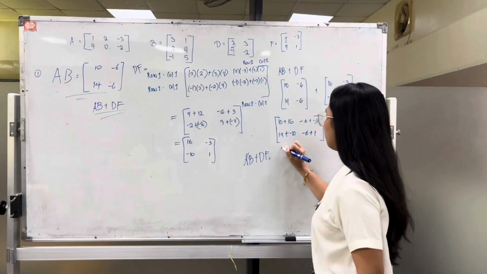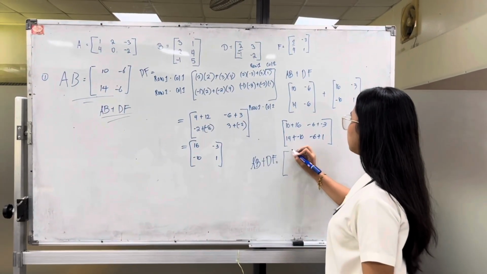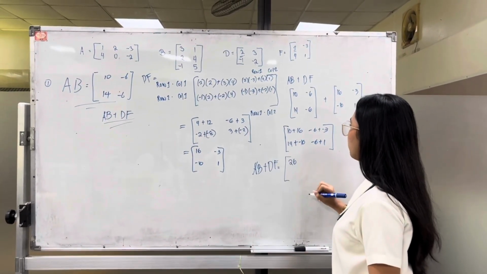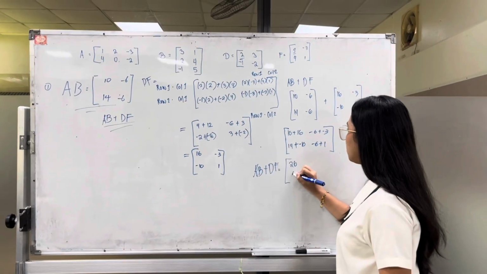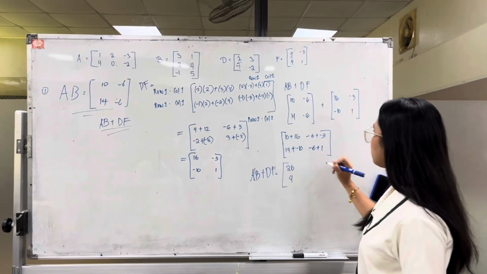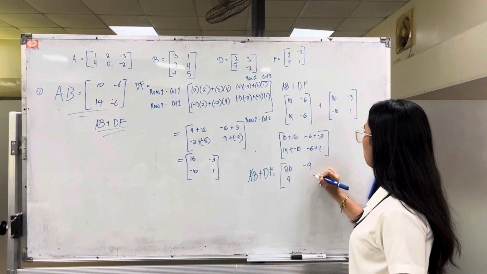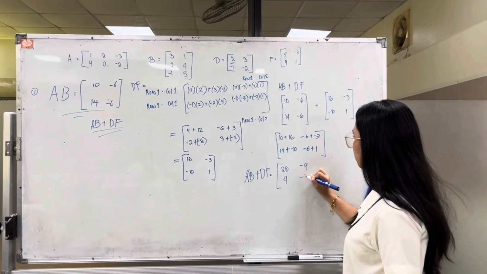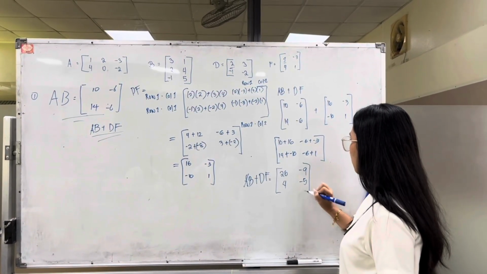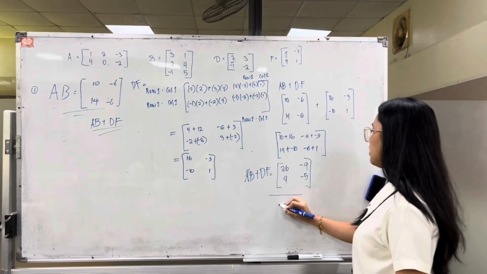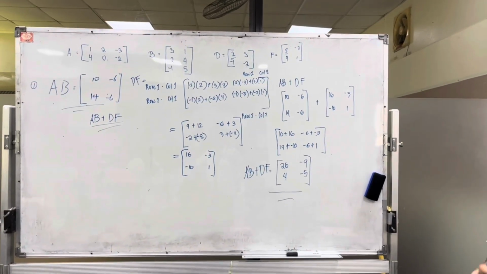So we add the values. We have here 10 plus 16 is 26, 14 plus negative 10 is positive 4, negative 6 plus negative 3 is negative 9, and negative 6 plus 1 is negative 5. So our new matrix is 26, 4, negative 9, negative 5.